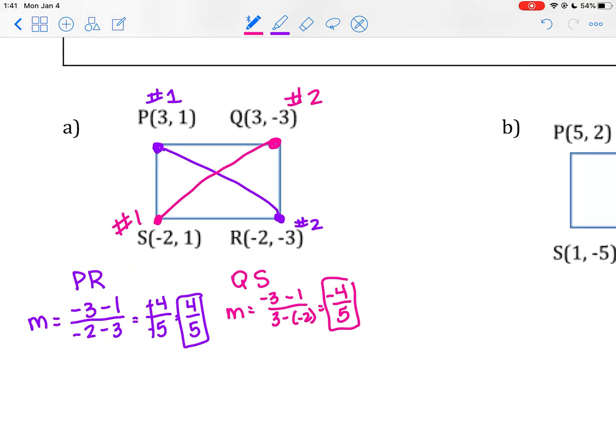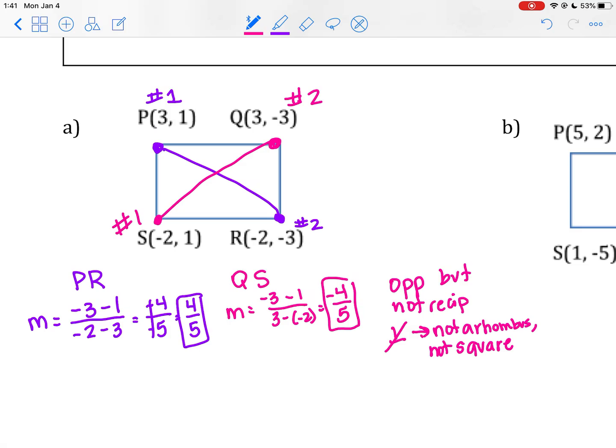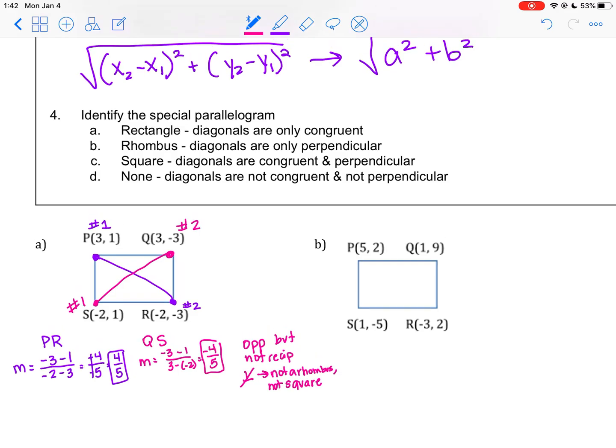If I look at these two slopes, they have opposite signs, but they're not reciprocals. So these two diagonals are not perpendicular, which means that this is not a rhombus. And if it's not a rhombus, it's not a square. So I know that it can't be a rhombus and it can't be a square. Now I'm going to check and see if it's a rectangle.